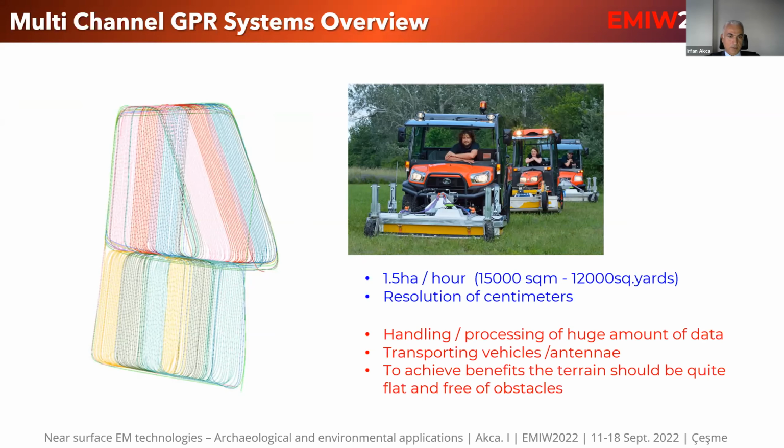For example, just a vehicle like you see in the picture may scan 1.5 hectares per hour. It's really a high amount of area scanned. Also, we can decrease our resolution to centimeters.